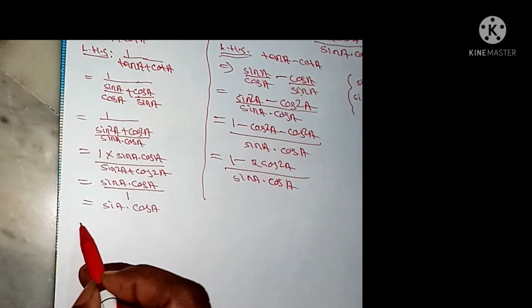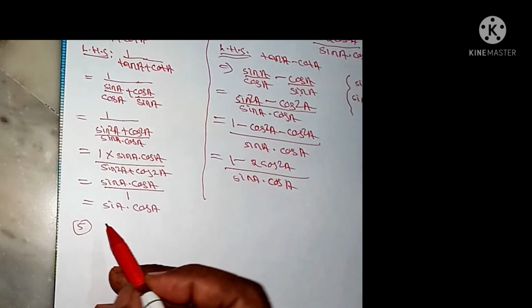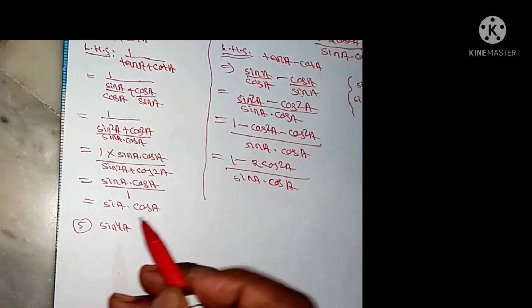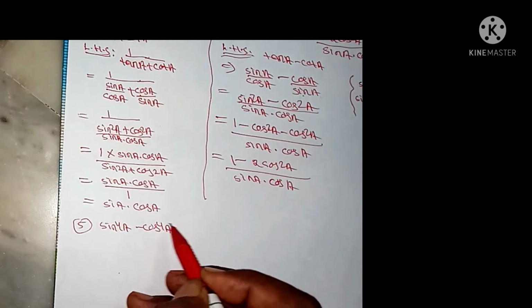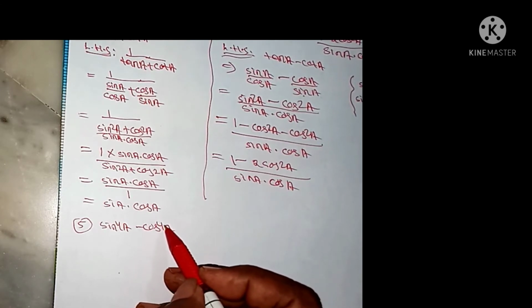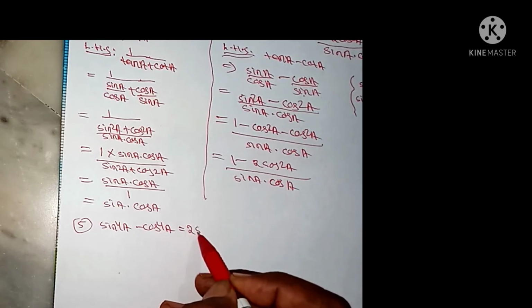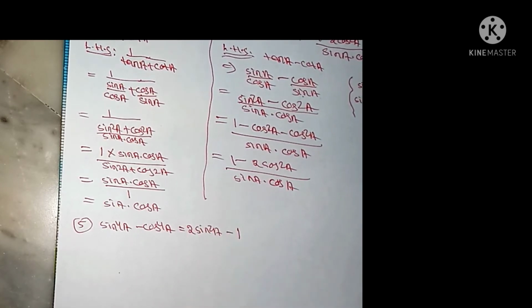Then number 5, sin 4th A minus cos 4th A equals 2 sin square A minus 1.